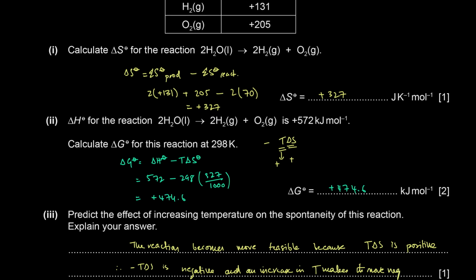Of course, when I say makes it more negative, we mean to say that it makes delta G more negative as well. And if delta G becomes more negative as temperature increases, the reaction becomes more feasible or more spontaneous.